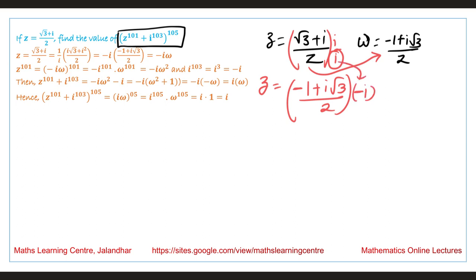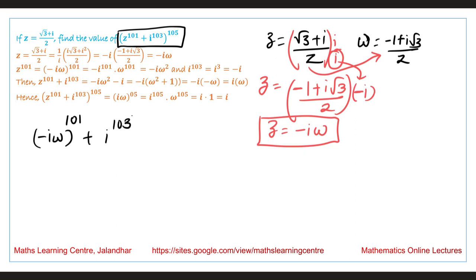So z is equal to minus iota omega. Now we have to calculate the value of (minus iota omega) raised to the power 101 plus iota raised to the power 103, whole raised to the power 105.